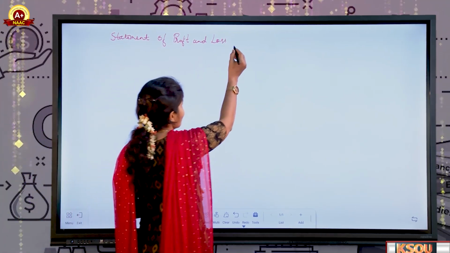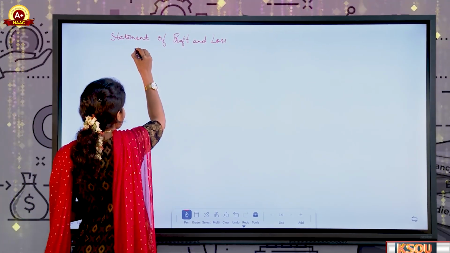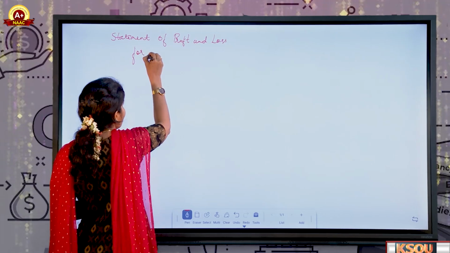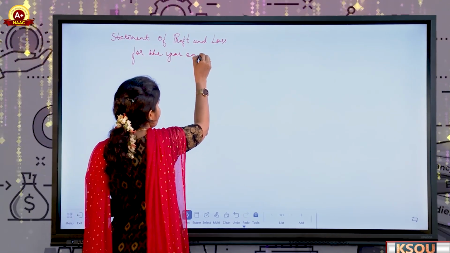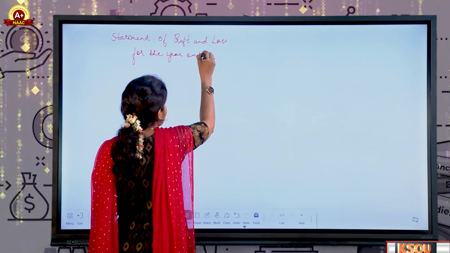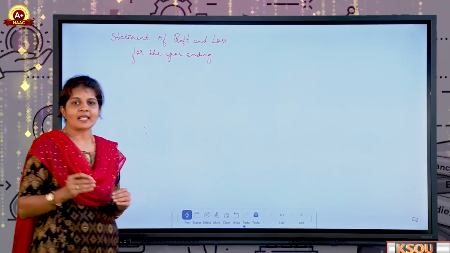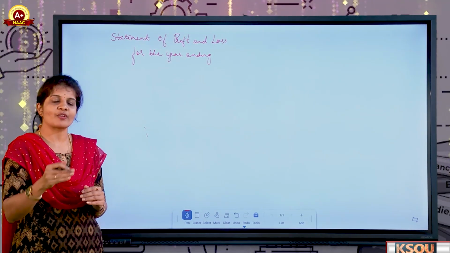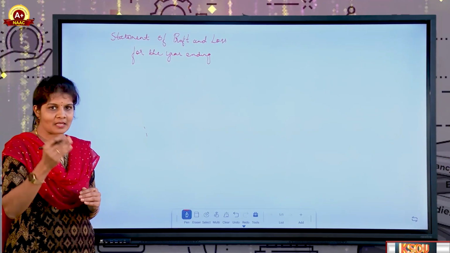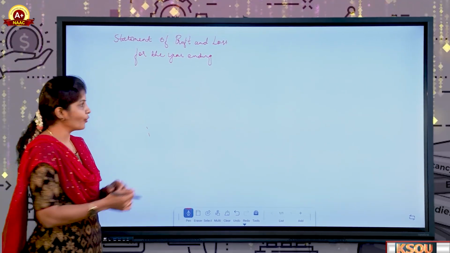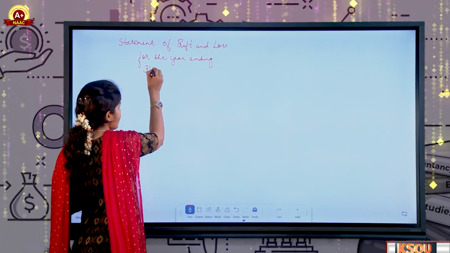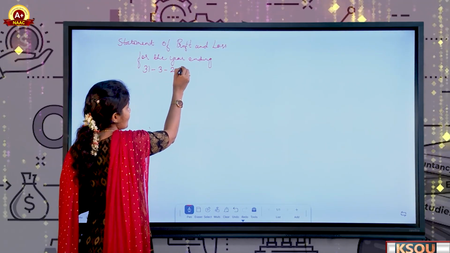So, statement of profit and loss for the year ending, which date? It can be 31st March of any year. Suppose for the financial year 2023-24, it is 31st March 2024.